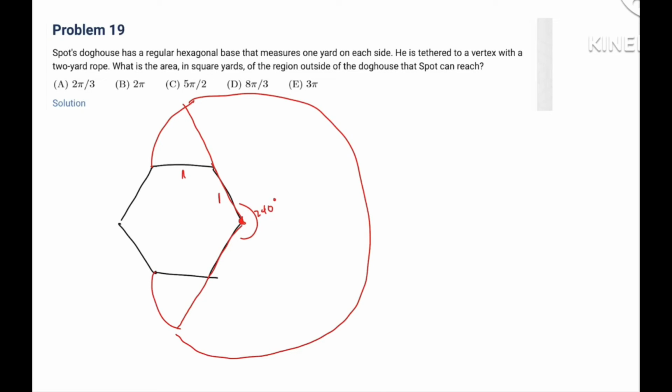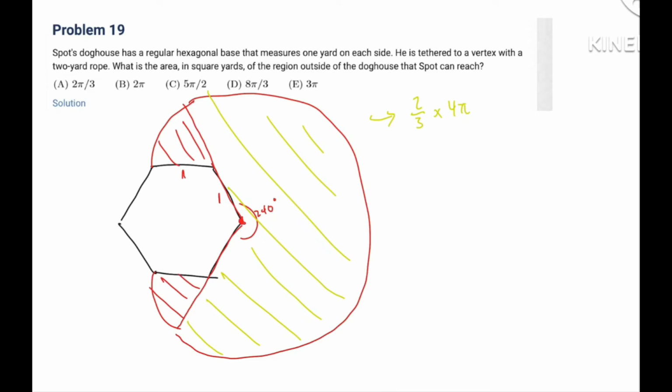So this region would be 2/3 of the whole circle, right? So 2/3 times 4 pi, and then this much would be 1/3 times pi, right?